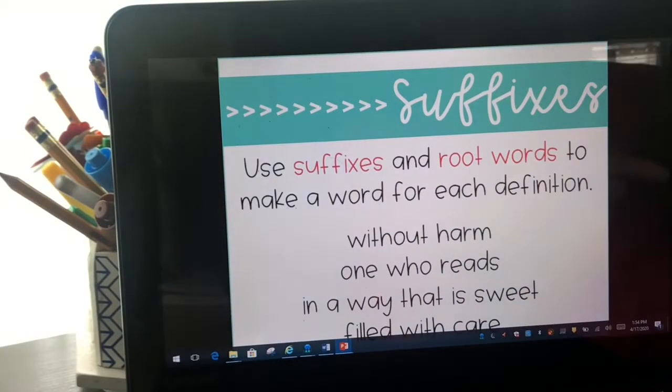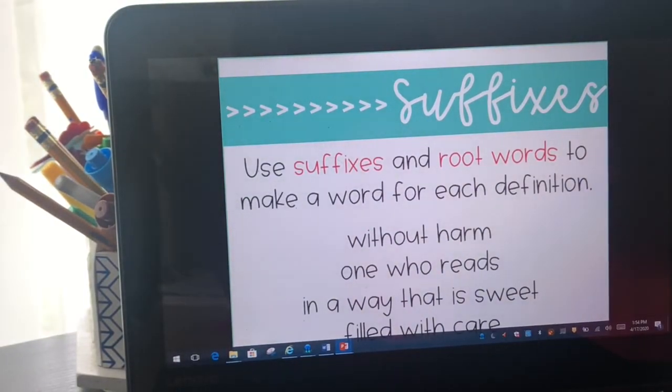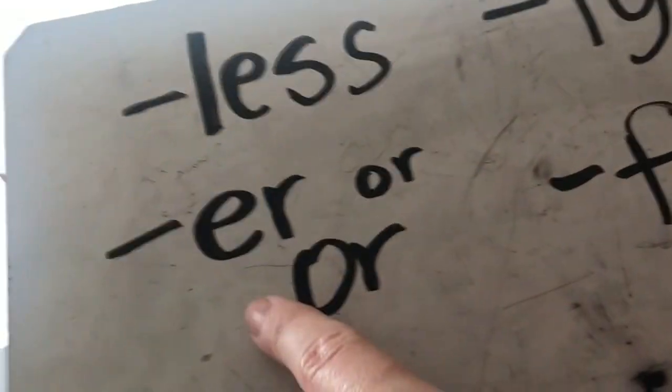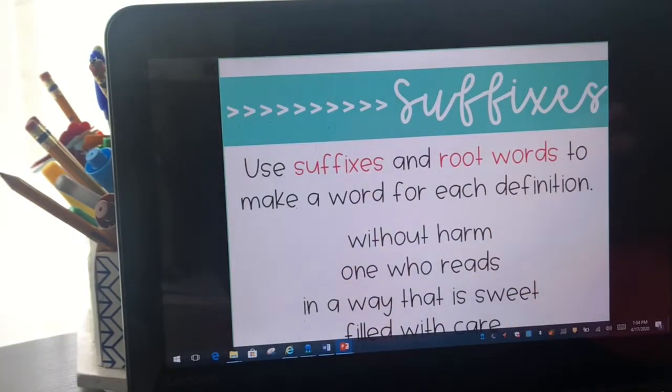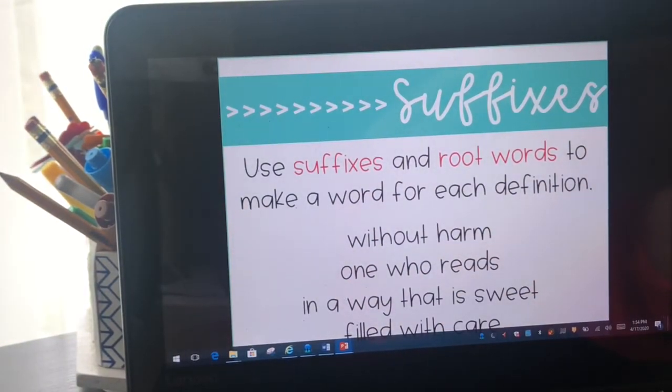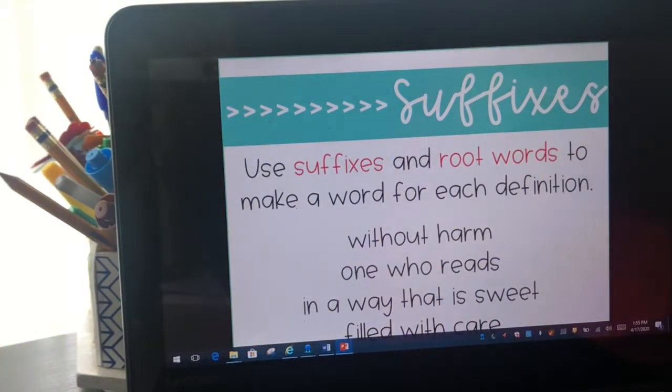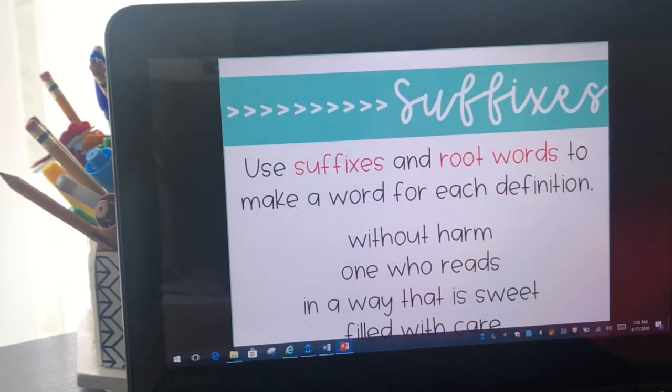So if it is one who reads, is it read less, readly, read full, or reader? One who reads is a reader. Good.